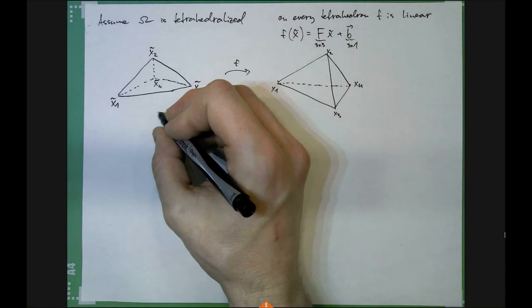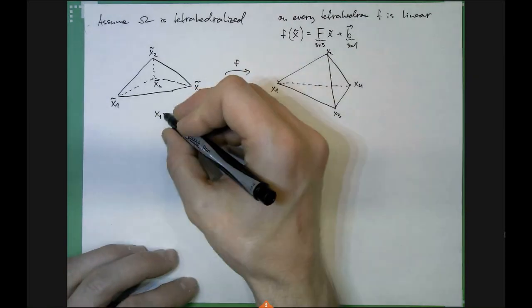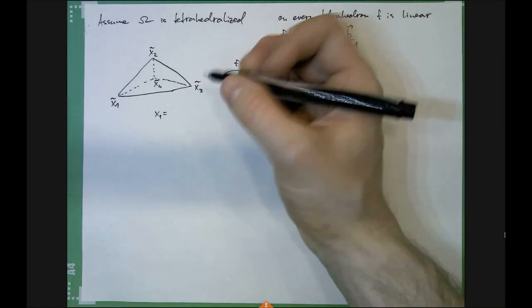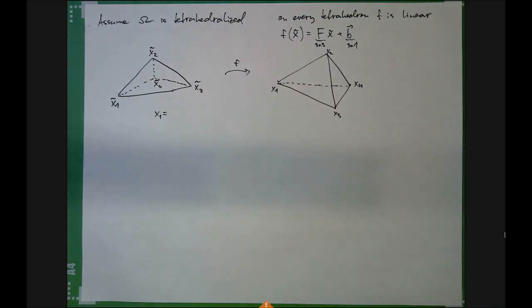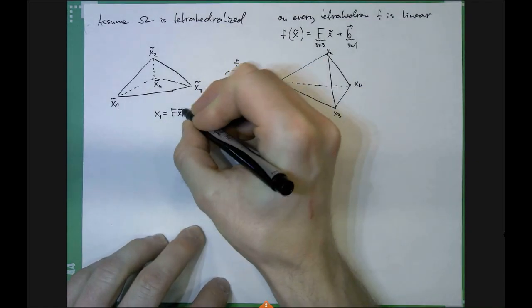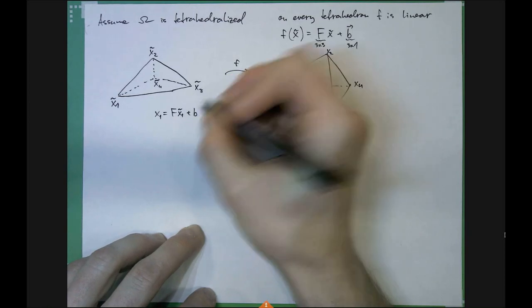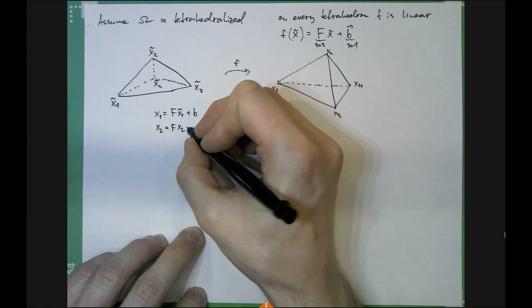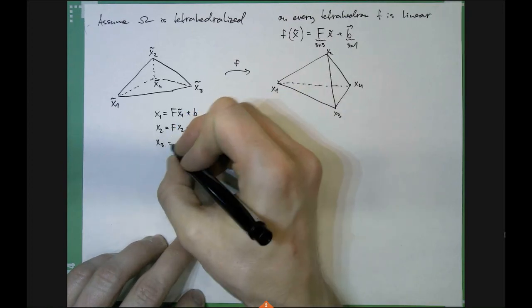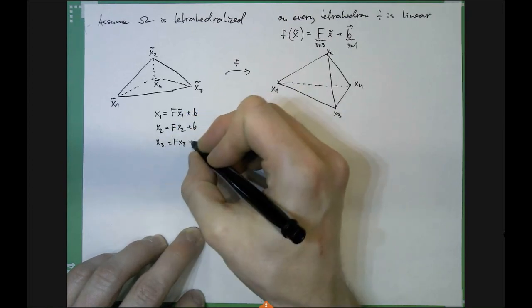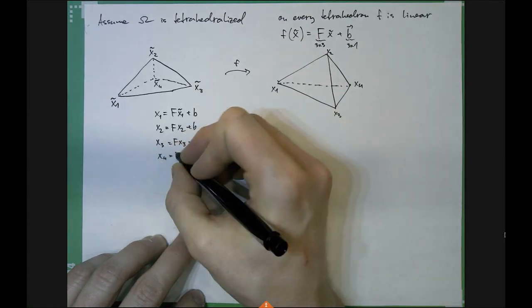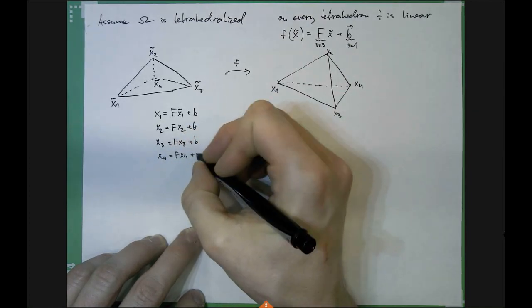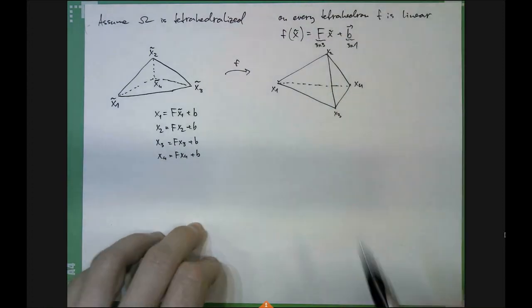And then we can just write that x1 is F x1 tilde plus b. x2 is of course the same thing, but I want to write it explicitly. And x4 as well. That is just saying that all of the points are mapped by the same affine transformation.